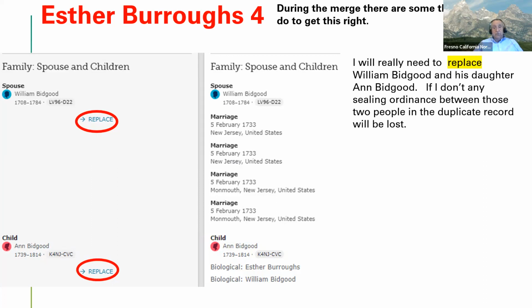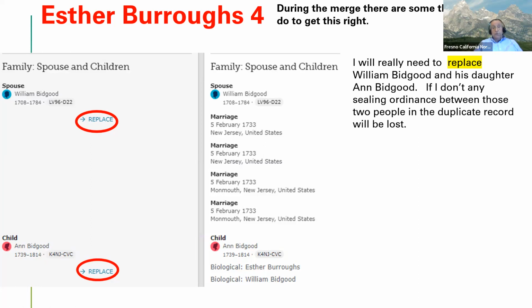Why? Because if we don't, it can mess up the sealing ordinances for people, if they happen to be attached to the duplicate records that we have. Like if this Anne Bidgood record over here had the sealing for Anne to her parents and you don't bring her over, she's going to be a part of that family.